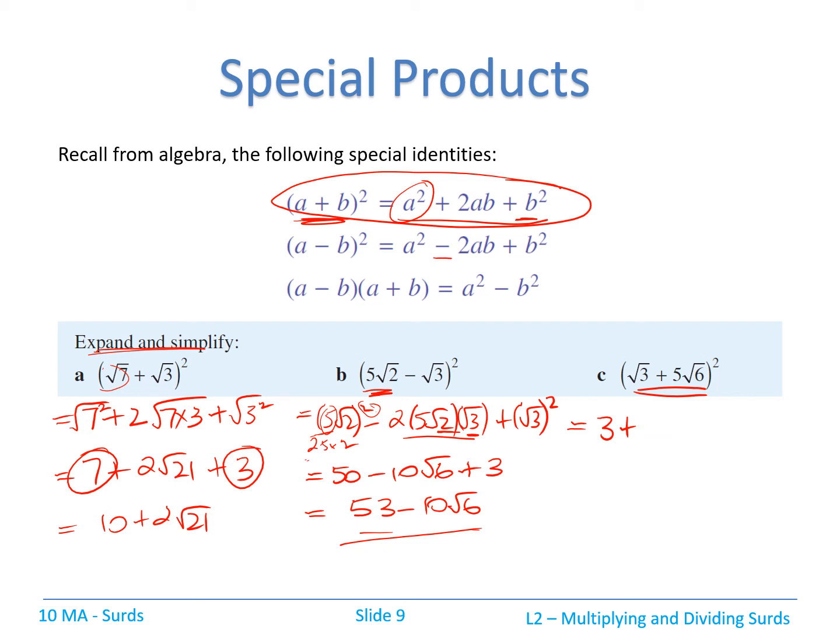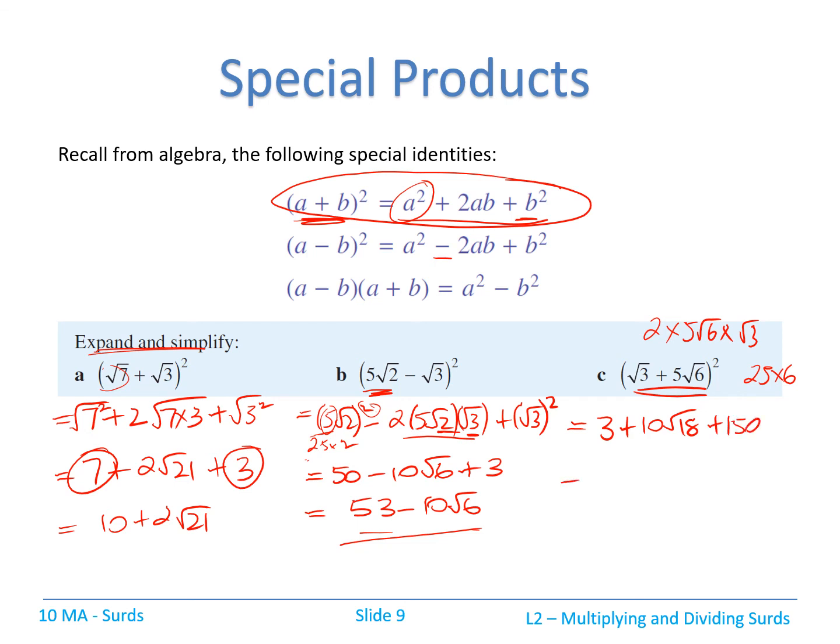So I've got 2 times 5 root 6 times root 3, which I get as 10 root 18. And then I've got 5 root 6 squared, that's going to be 25 times 6, which I get is 150.